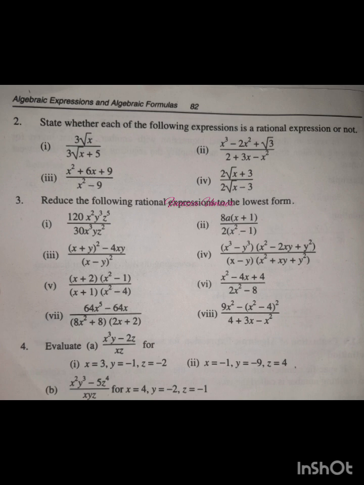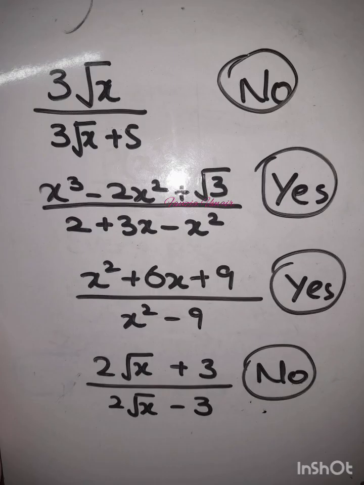So let's talk about question number 2 now. We will discuss every part one by one. The question is whether the following expressions are rational or not. Let's talk about the first part, 3x square root plus 5. It's not a rational expression. Why? Because x can have any value.